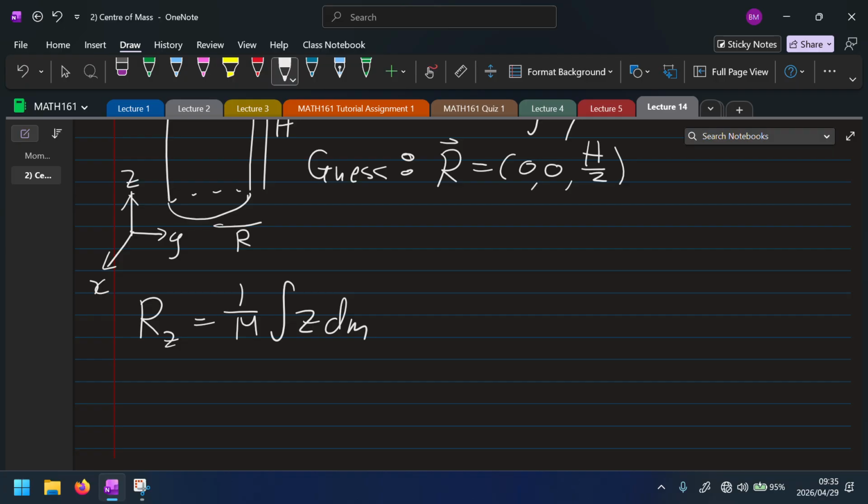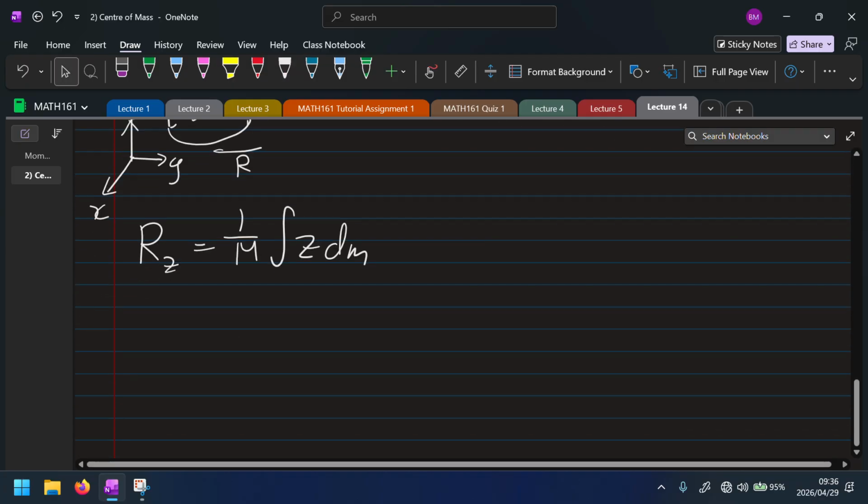Firstly, the total mass. It's a uniform solid with uniform density rho. We can work out the volume. So what will the mass be? Remember, density is mass over volume. We know the volume, we know the density. What will the mass be? Volume times density, exactly.